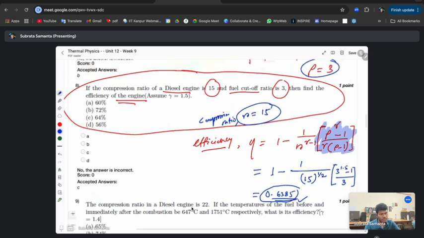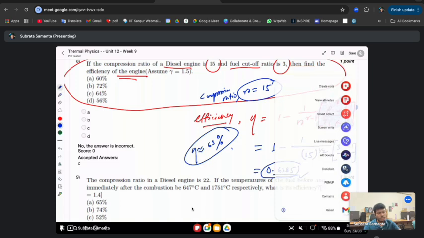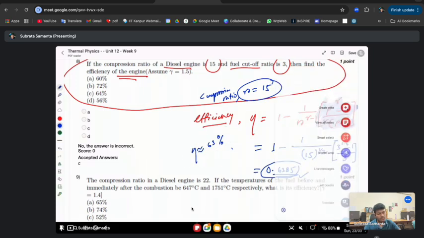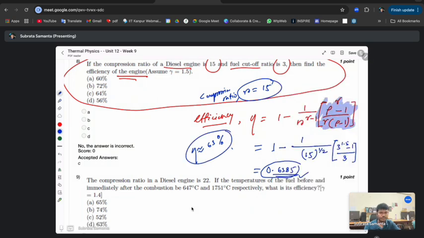So the efficiency eta is roughly 63%. It's close to option C, 64%.